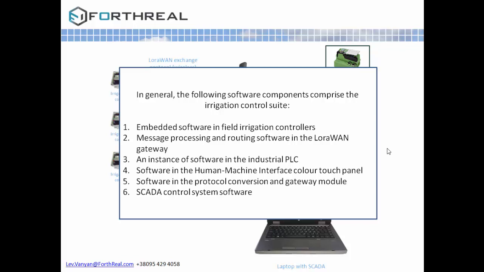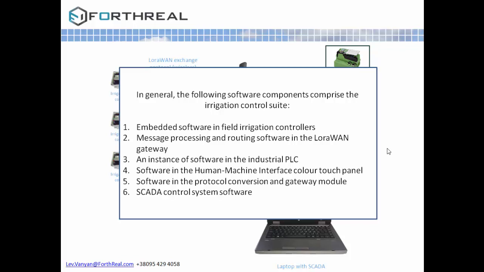The fifth one is the software in the protocol conversion module, the one that I've already described previously, and the sixth is the SCADA control system software, which is the primary logic unit that manages the whole irrigation system.